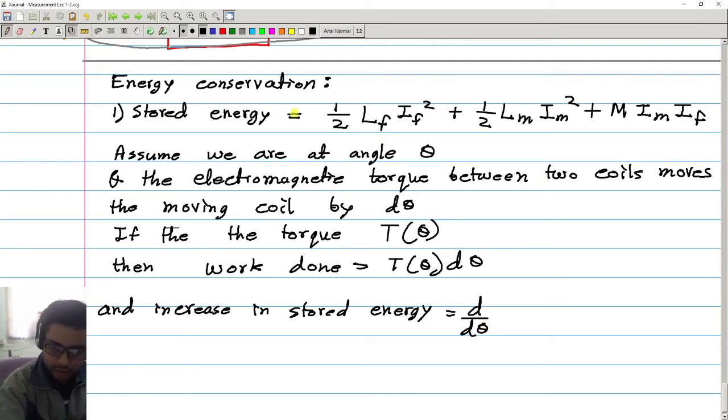I don't want to write it again, so let me write E_S, E stored, in short, E_S into d theta.